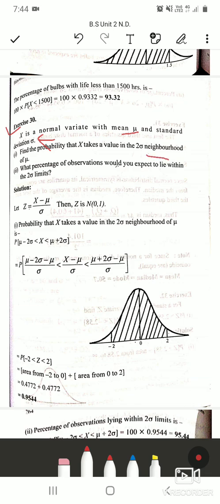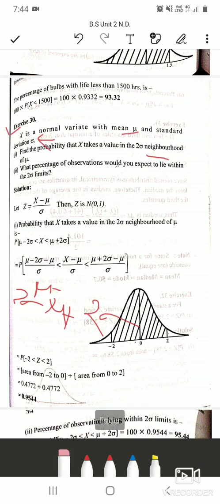Here neighborhood means the values which are near mu. So mu is surrounded by plus 2 sigma on one side and mu minus 2 sigma on the other.